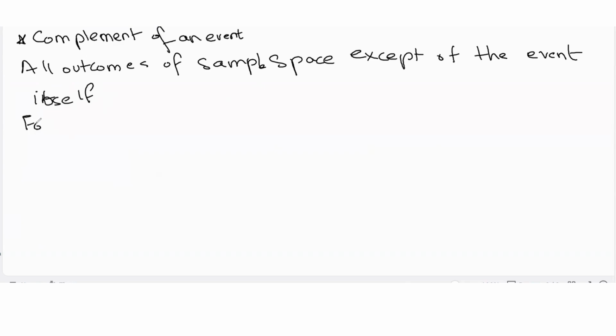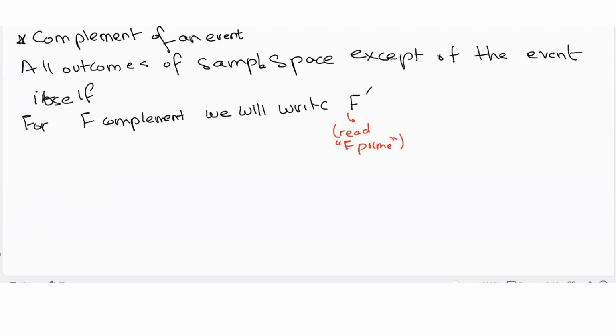So if I want to write the complement of F, we can either write it as F prime, or we can put a small c on top of it for complement, or we can write it as F bar.